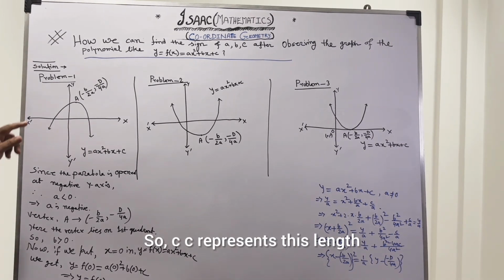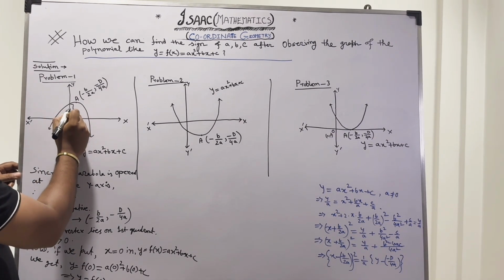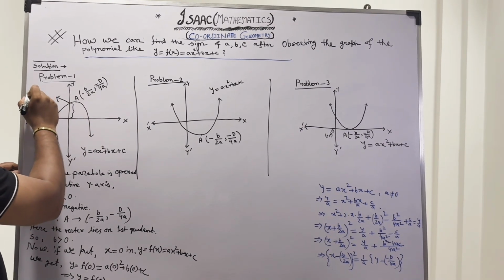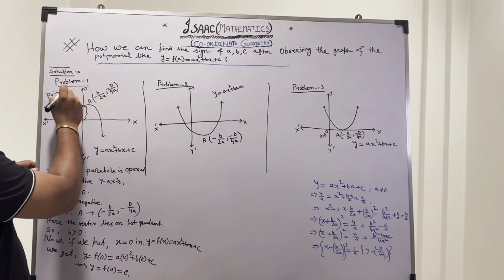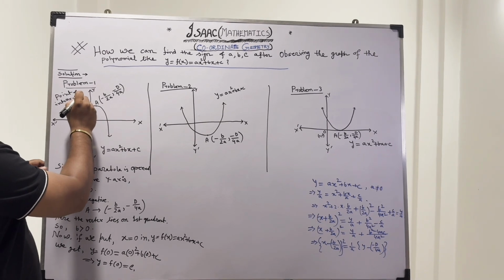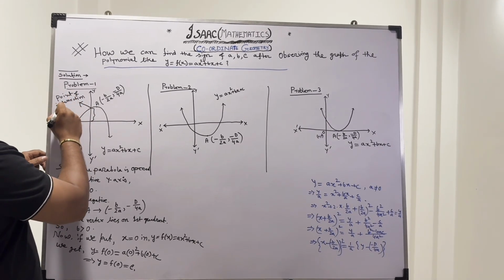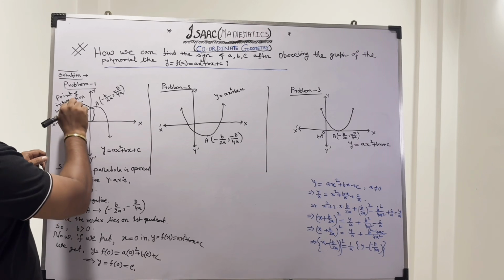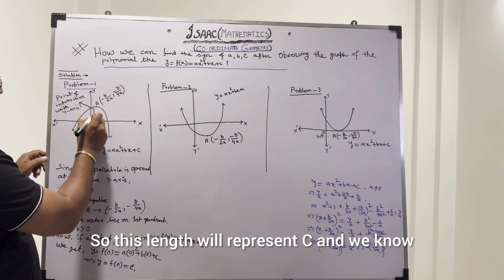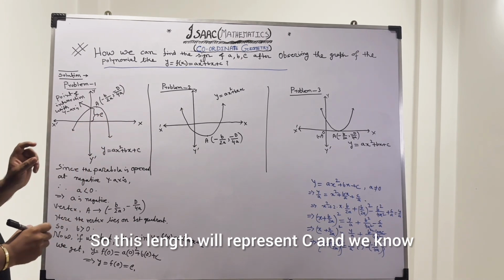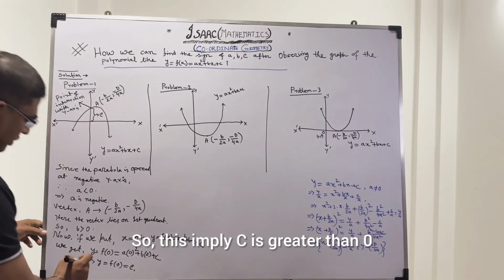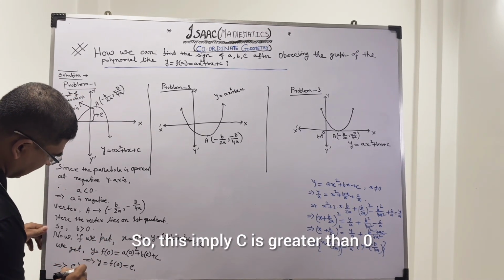So c represents this length, because this is the point where this parabola intersects the y axis, the point of intersection with the y axis. So this length will represent c, and we know the ordinate of a point is positive above the x axis. So this implies c is greater than 0.